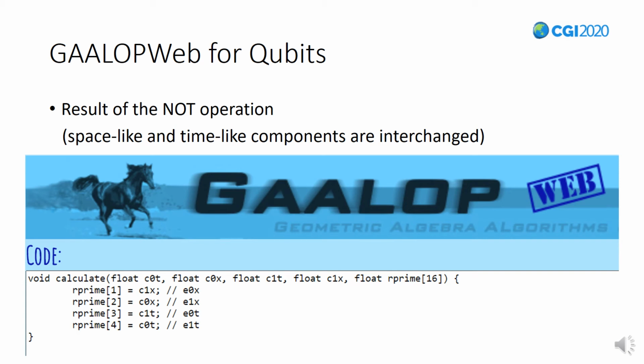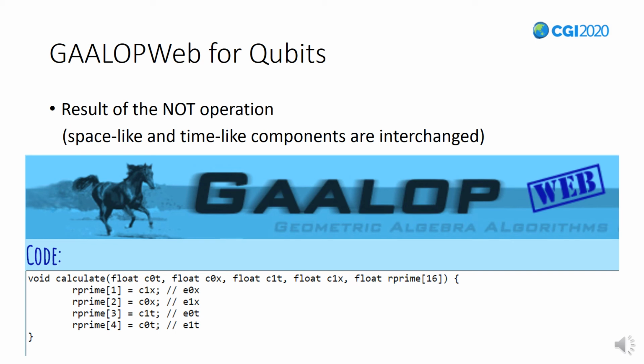At the end of each line we can see the components, means R prime is a linear combination of the basis vectors E0x, E1x, E0t, and E1t, the same as our original multivector R. But what we can see is that the space-like and the time-like components are always interchanged.